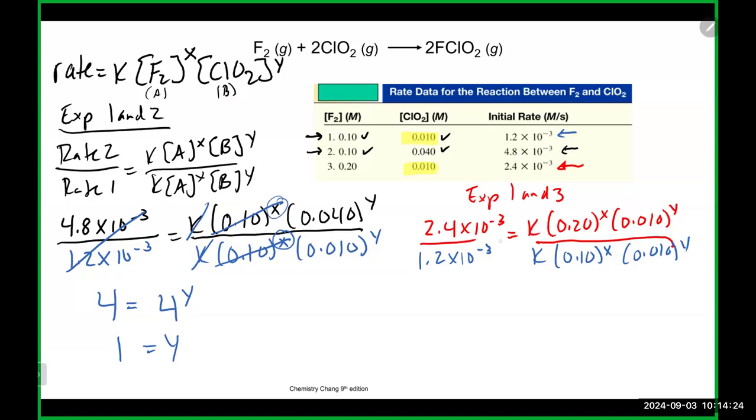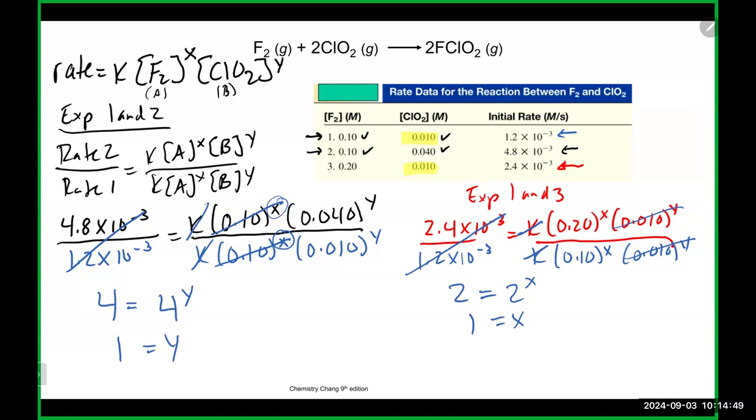Doing a little bit of math here, that's going to give me a 2. These guys are going to completely cancel. And now we will have a 2 to the x. x is equal to 1 in this case. By the way, it doesn't always equal 1, but it happens to in this example. Any questions on where any of the numbers came from?